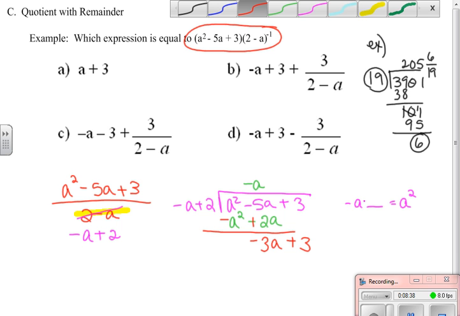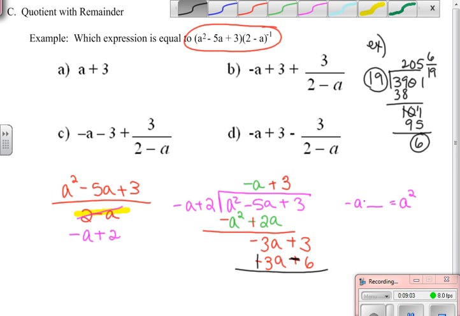How many times does negative a go into negative 3a? Goes in positive 3 times. Do that multiplication, negative 3a plus 6. Remember to switch your signs. And so when I subtract, my signs get switched.